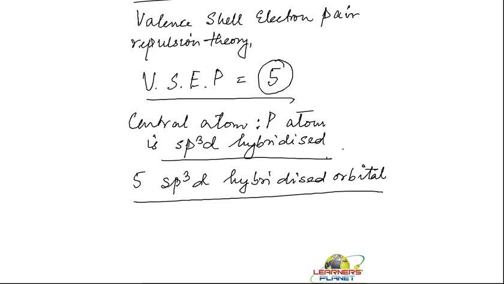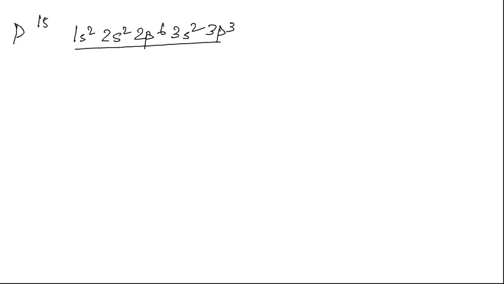Now how are these 5 sp3d hybridized orbitals formed? Phosphorus, with atomic number 15, has a configuration like this: 1s2, 2s2, 2p6, 3s2, 3p3. This can be arranged in the electron box model as follows.